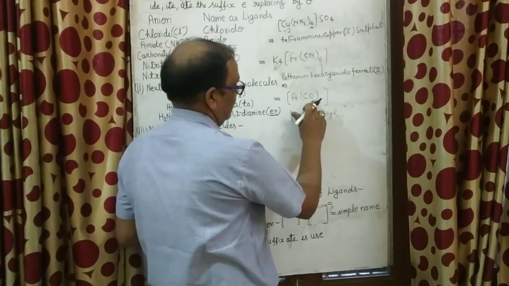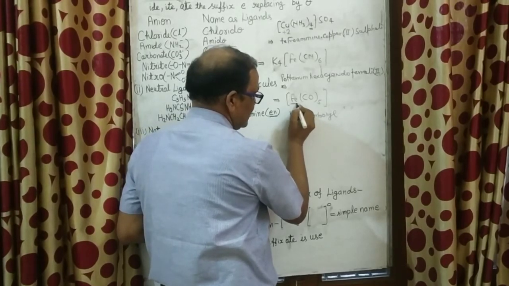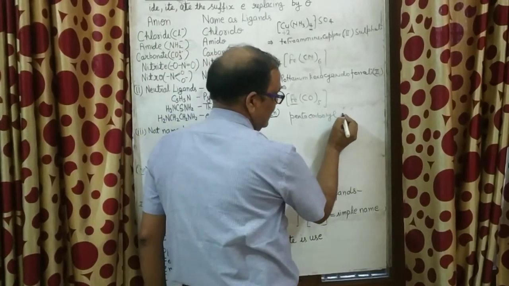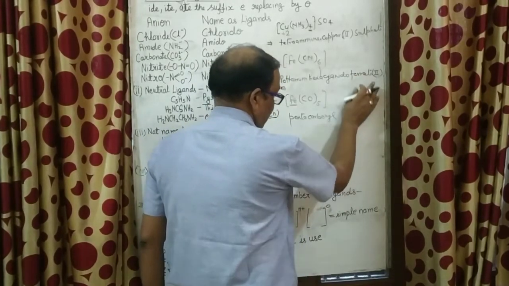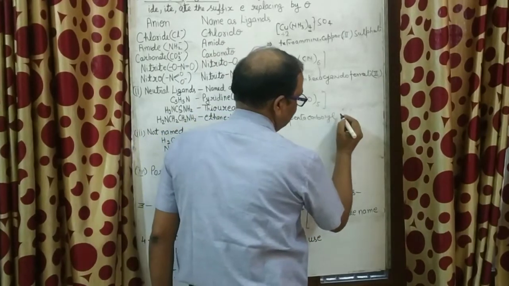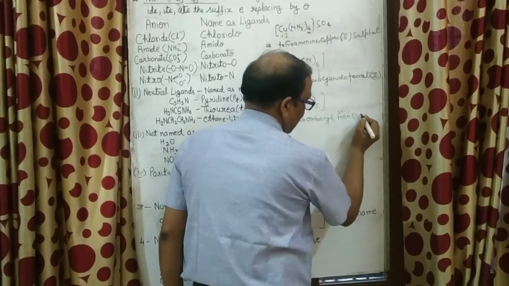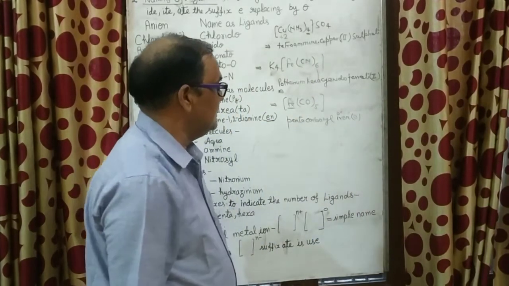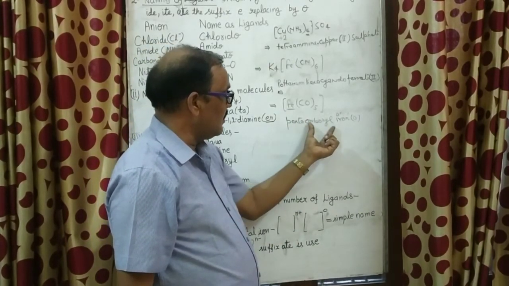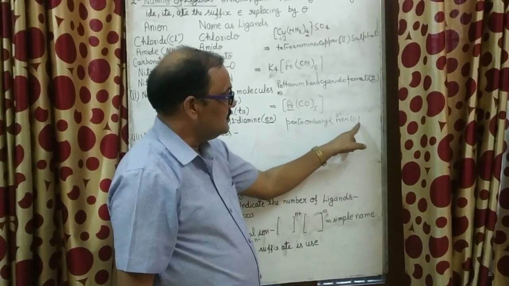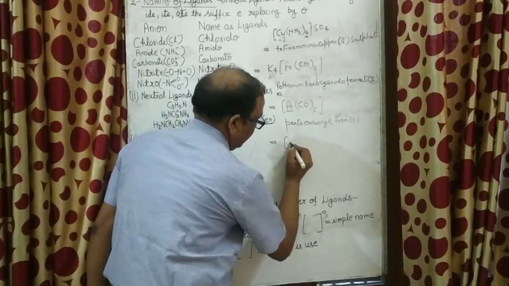It is neutral, so the oxidation state of the center metal is 0. Then write the oxidation state within brackets. So pentacarbonyliron, and then write the oxidation state, that is 0, and the name of this complex compound is pentacarbonyliron(0).